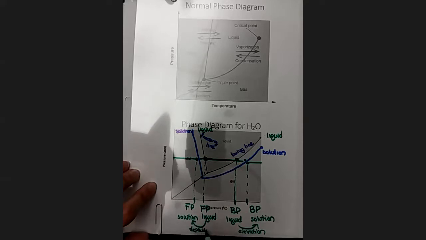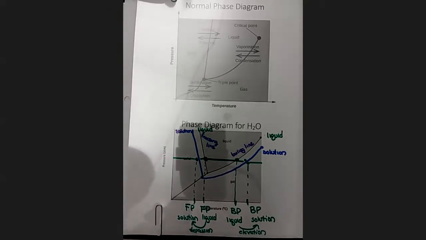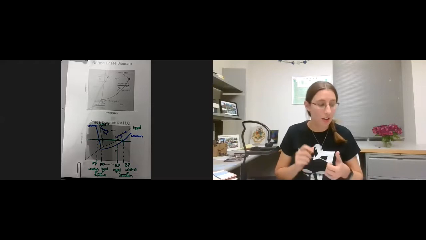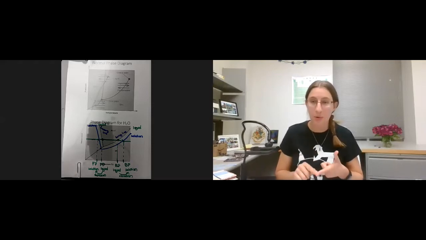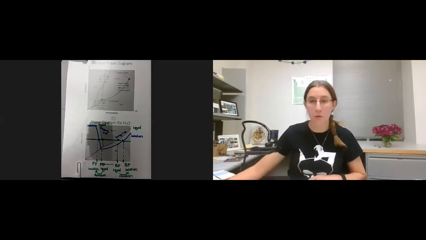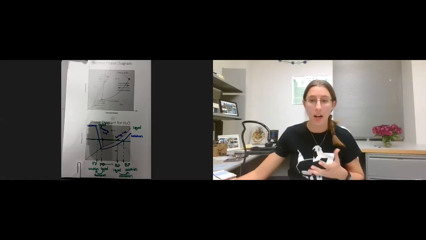There's a freezing point depression. So this is something you should be able to draw given a phase diagram. So that is the end of our discussion of vapor pressure, freezing point depression, and boiling point elevation, which are all colligative properties that only depend on how much of a substance there is and not on what kind of a substance it is.